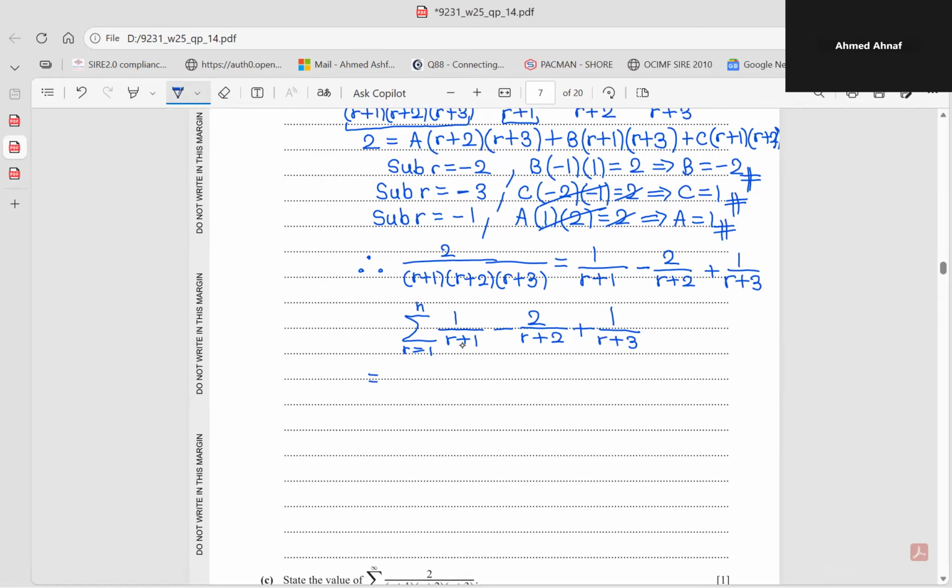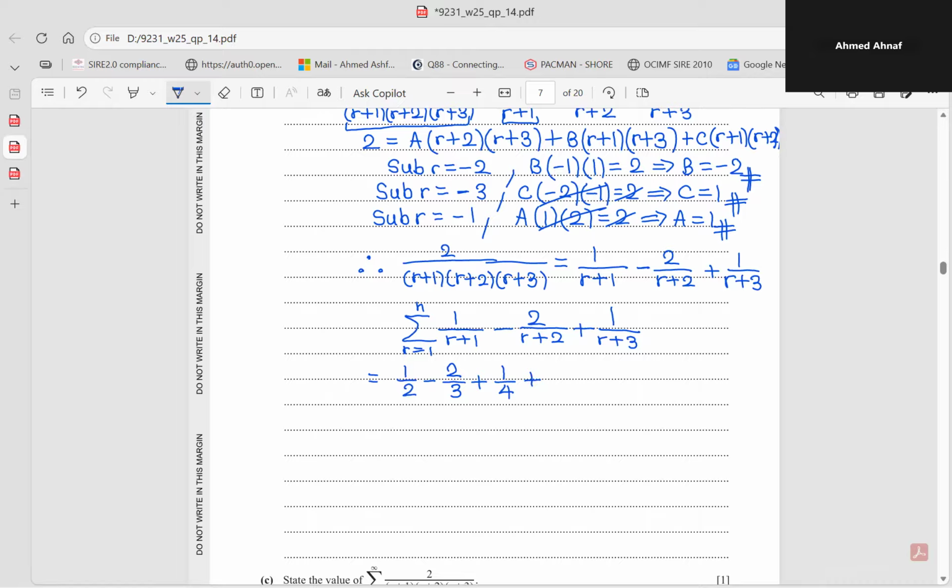Therefore, we're going to substitute 1 first into r, okay? So 1 over 1 plus 1, that's just 1 over 2, minus 2 over 1 plus 2, that is 2 over 3, plus 1 over 1 plus 3, that is 1 over 4. So that's for r equals 1, and then plus, do the same, but replace r with the next number, which is 2.